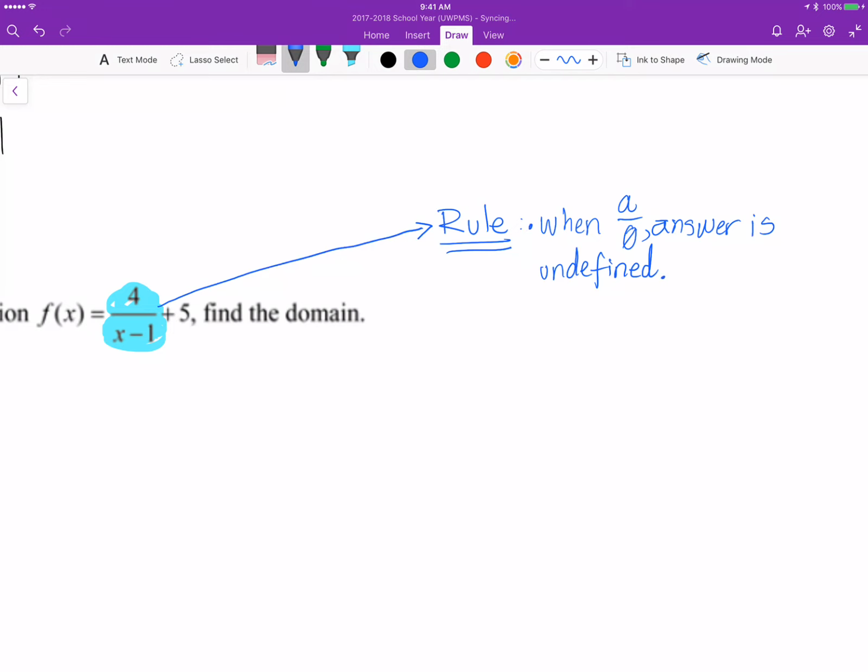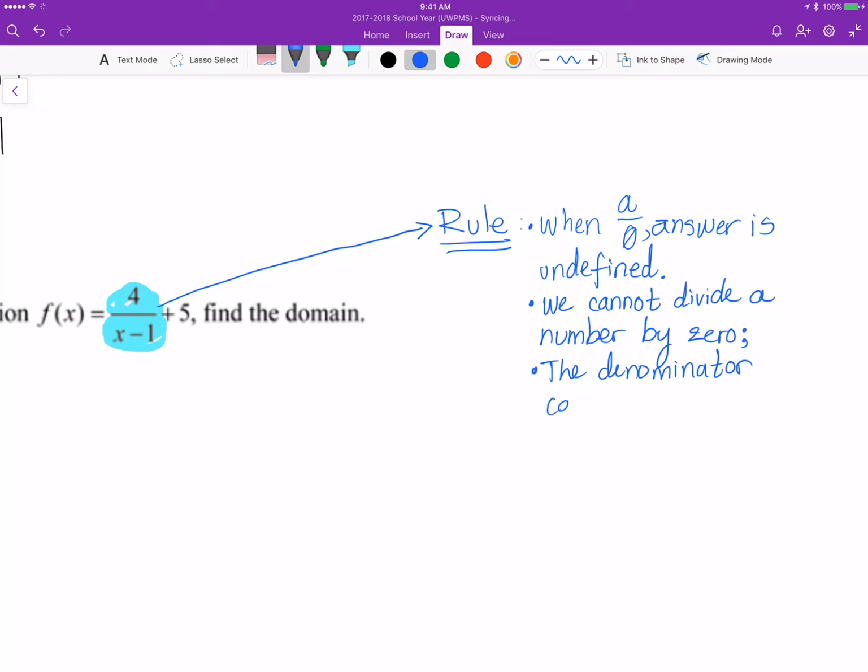In simpler terms, we cannot divide a number by 0. The denominator cannot be 0.